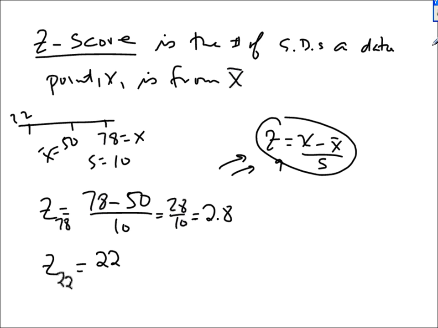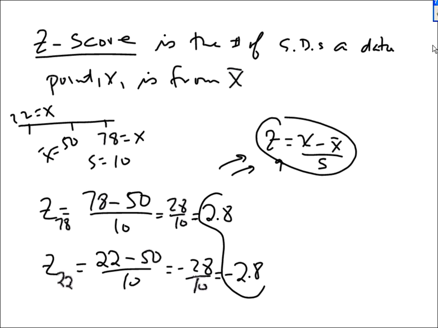It's x, which is 22, minus the mean divided by 10. This is negative 28 over 10. That's negative 2.8. They're not the same, but they just differ by a sign.